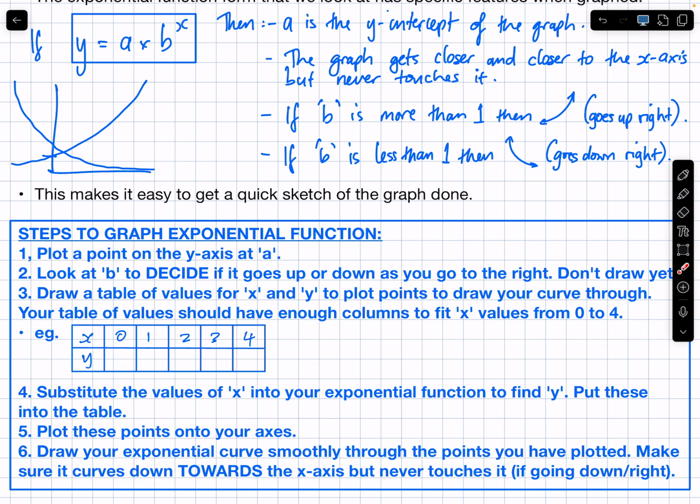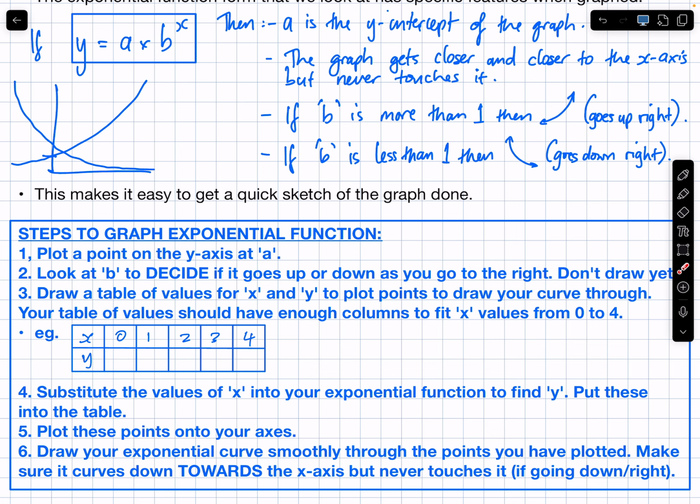Once you've drawn that table, sub those values of x, 0, 1, 2, 3, 4, into the exponential function, find y. Put these into the table, so you'll have a bunch of coordinates like this. You can plot those dots onto the axes, and therefore you have a nice little scaffold to draw your curve through. The only way that you could stuff that up is if you did straight lines between the dots. I've told you constantly it's a curve. So you just want to draw the curve through the dots.